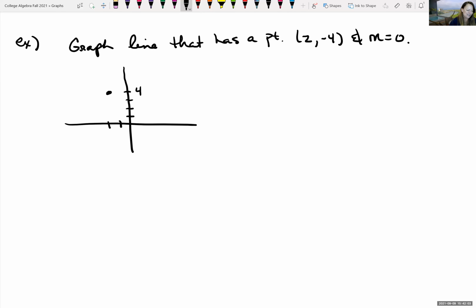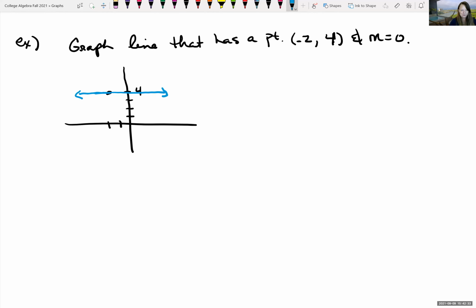How about let's change this? I just totally did that opposite. Let's say that was (-2, 4). There we go. So our point is (-2, 4), and our slope is 0. Horizontal. So a horizontal line through that looks like this.